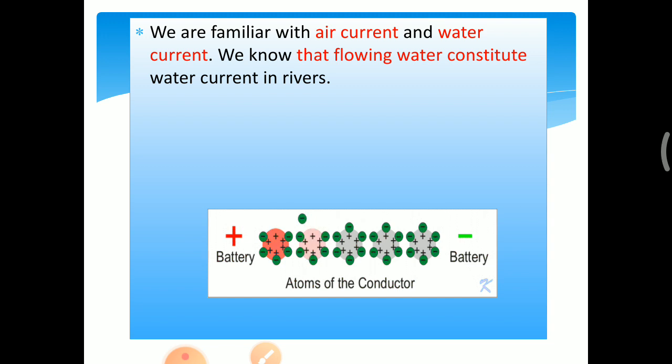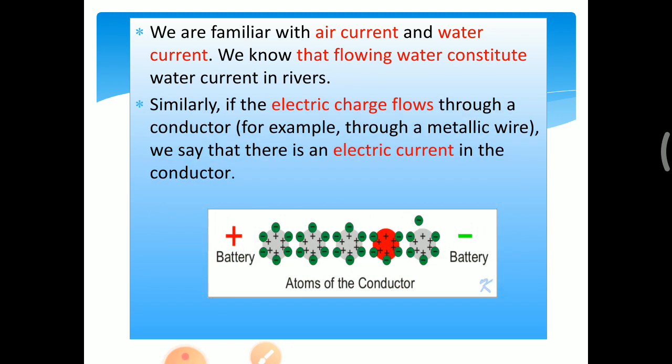Here the electrons are moved from one atom to another atom. Due to that electron movement, the electric current is constituted in the conductor. Similarly, if the electric charge flows through a conductor, we say that there is an electric current in the conductor.